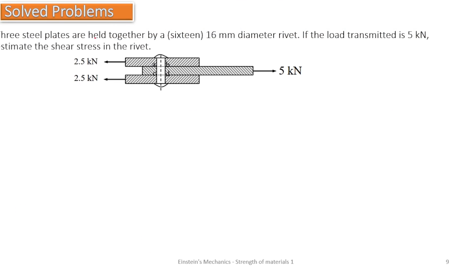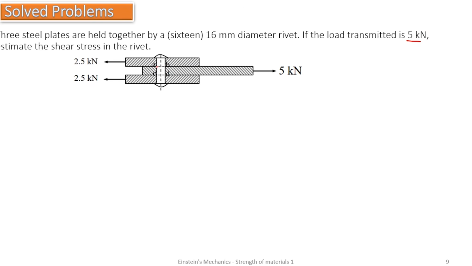3 steel plates are held together by a 16 mm diameter rivet. If the load transmitted is 5 kN, estimate the shear stress in the rivet. So you see the shear stress will occur inside the rivet or at the point where the rivet is being what? Slided.